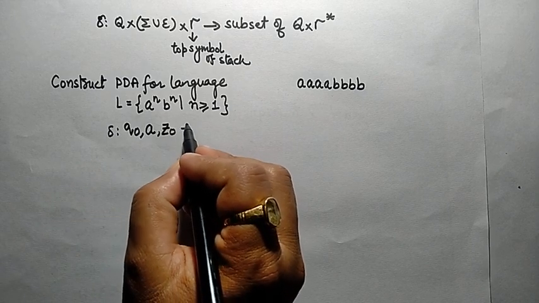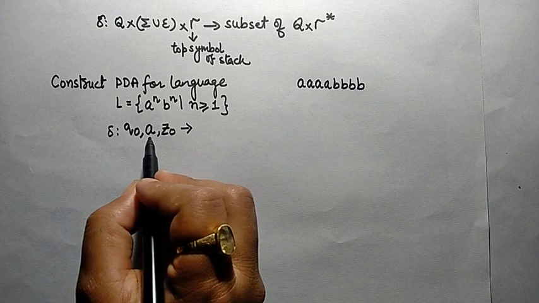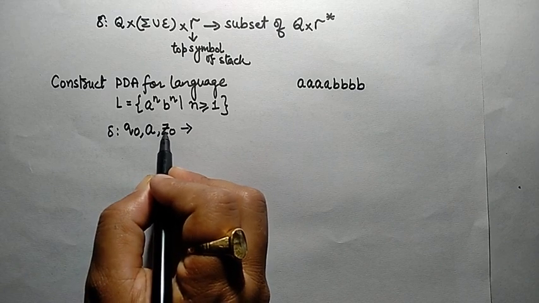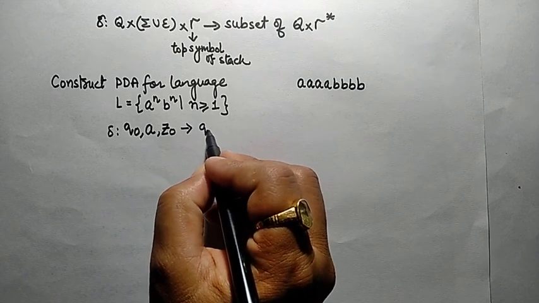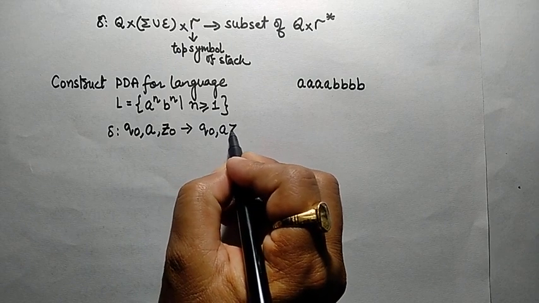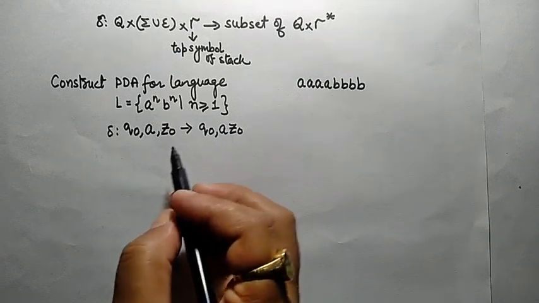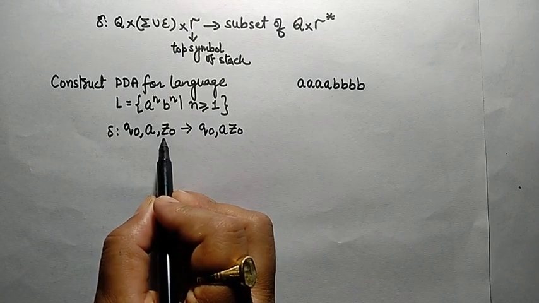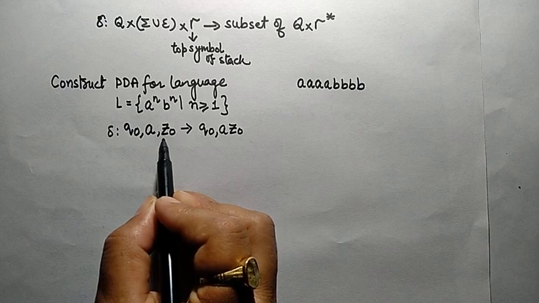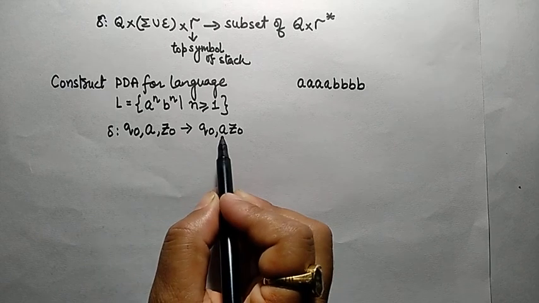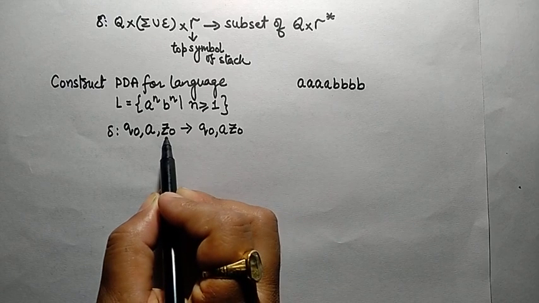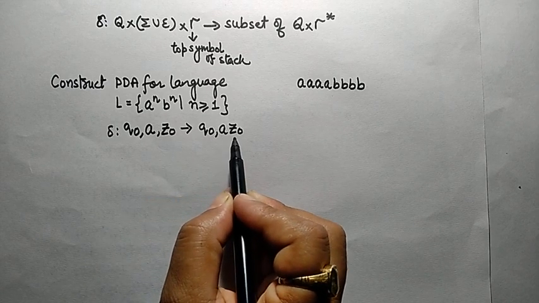So when we read A, we will push this A into the stack. It will be written like this: first Z0 is on the top, then we push A into the stack, so now Z0 is replaced by A Z0.